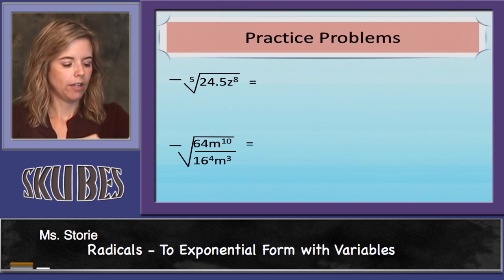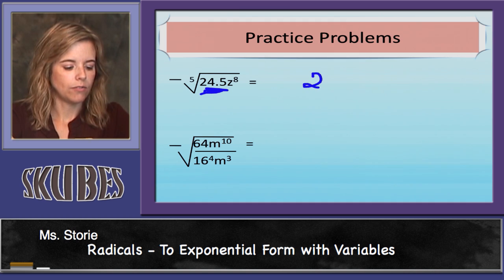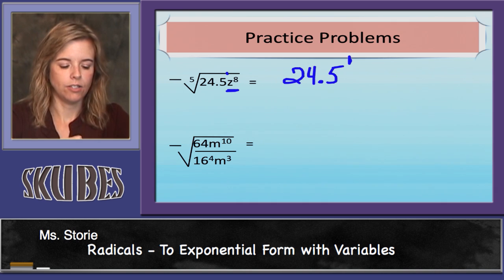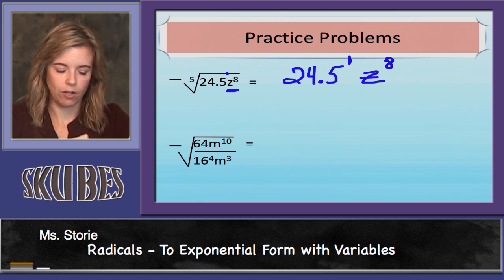Let's just try 2 more. We have a decimal, which is fine, that can still be a base. You have 24.5. There's no exponent attached, so it's assumed to be a 1. Then we have z as our variable, and it does have an exponent of 8. So those 2 exponents become numerators.